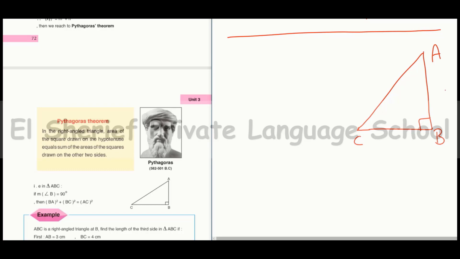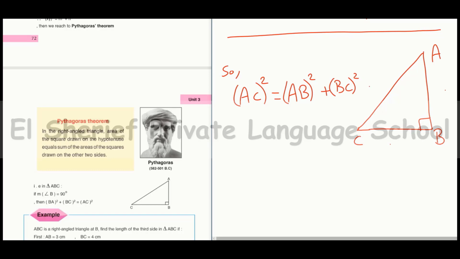So we find the Pythagoras theorem: AC power 2 equals AB power 2 plus BC power 2. If we want to find the hypotenuse of a right angle triangle, we use the Pythagoras theorem, which is AC power 2 equals AB power 2 plus BC power 2.